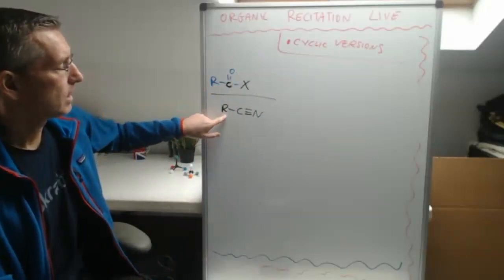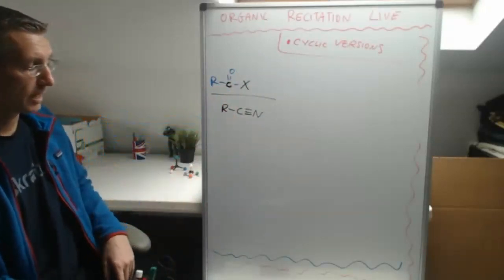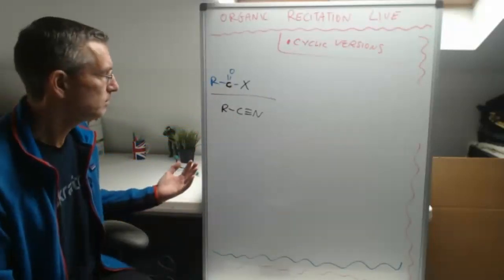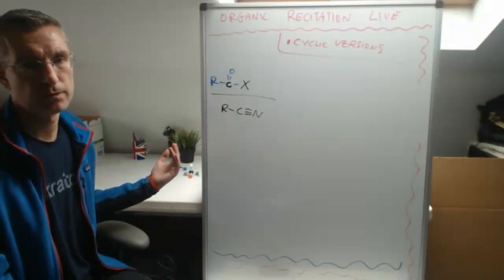Here we're talking about an R group connected to a carbon connected to a nitrogen through a triple bond. Obviously this is different because it doesn't have a CO double bond.